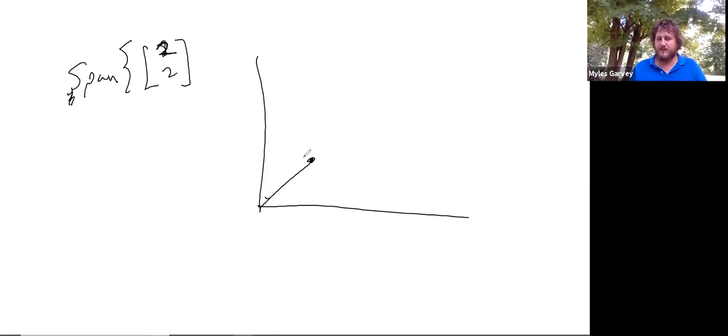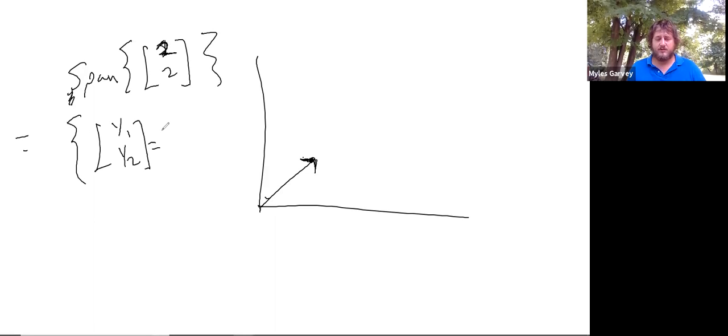What is the span? Remember, the span is the collection of all vectors such that I can write it as an addition of scalar multiples of each vector. Well, I only have one vector in here, so this is simply the scalar multiple of that single vector.